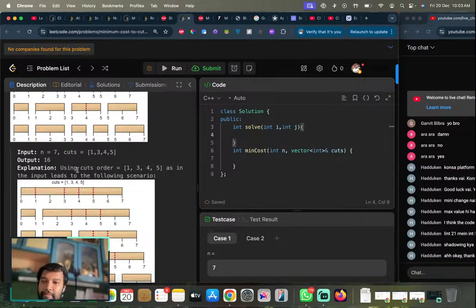So we start from this position and this position.